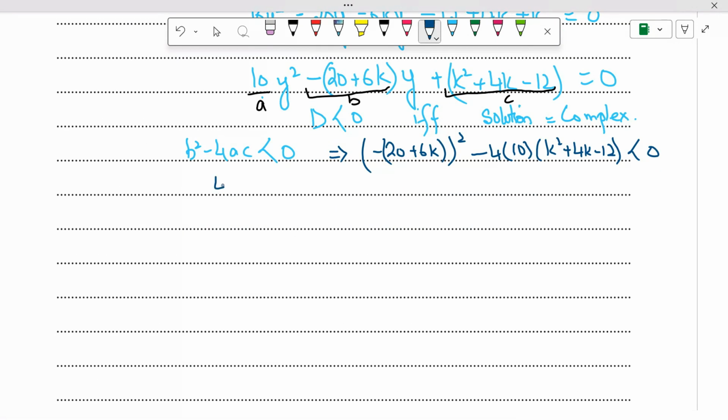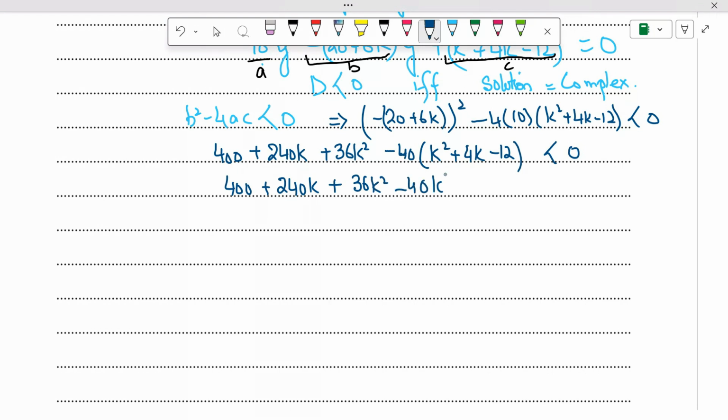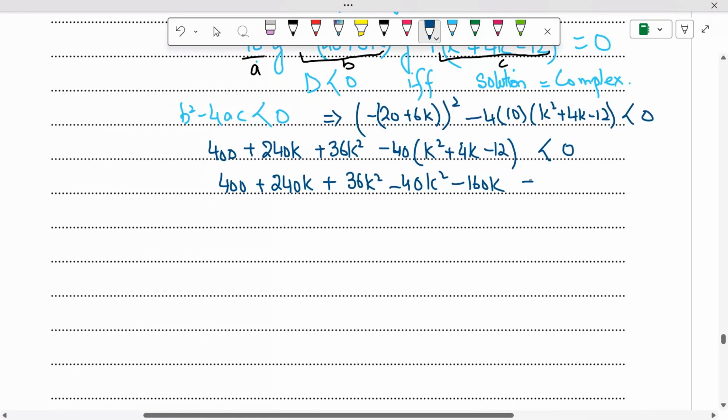This is equal to 400 plus 240k plus 36k squared minus 40 times (k squared plus 4k minus 12) less than 0. So we have 400 plus 240k plus 36k squared minus 40k squared minus 160k plus 480 less than 0.